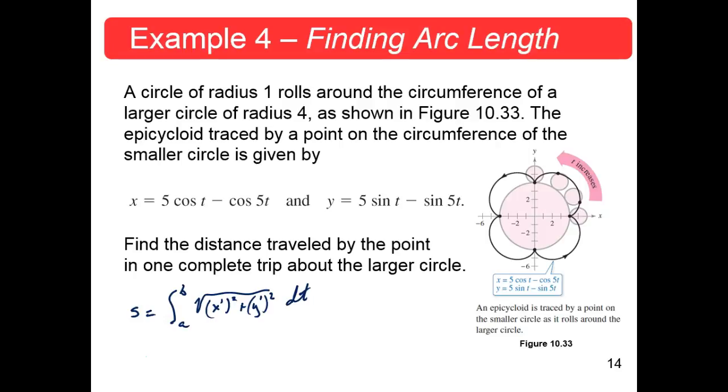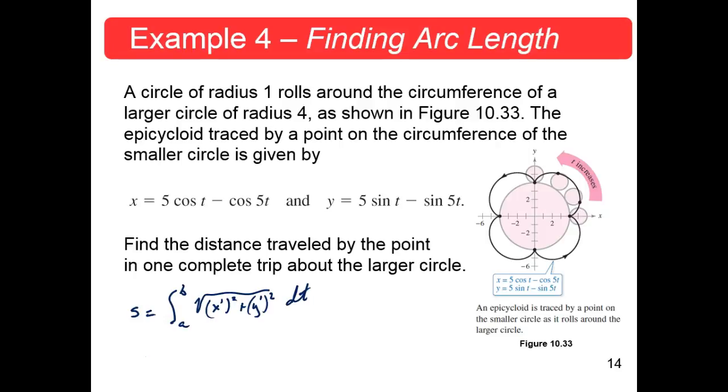Let's see if the y is at the right place. What's your y value here? 0. Okay. Well, sine of 0 is 0. 5 times 0 is 0, minus sine of 5 times 0, which is 0.